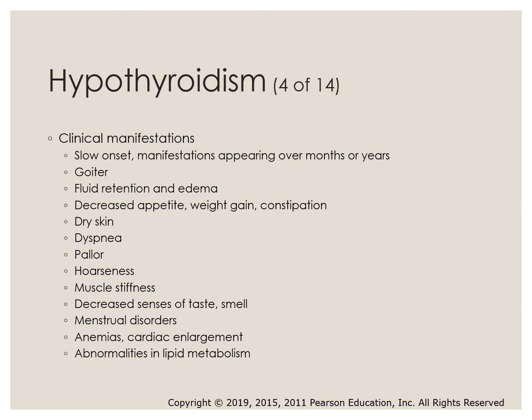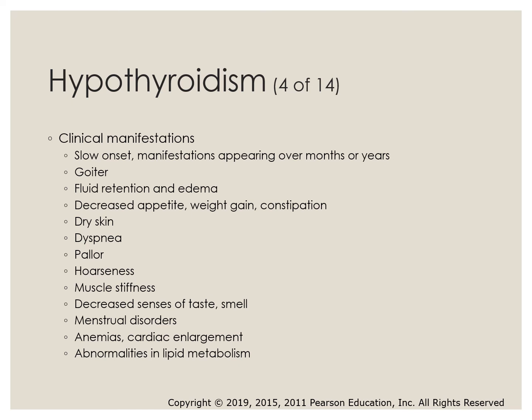Your skin is very dry, it's very itchy, it's scaly. You have shortness of breath from the fatigue, pallor, hoarseness because your goiter is in the way. Mine displaced my windpipe, and I was having trouble swallowing and breathing. Muscle stiffness is unbearable. Sometimes you literally go to bed and wake up with very sore muscles.